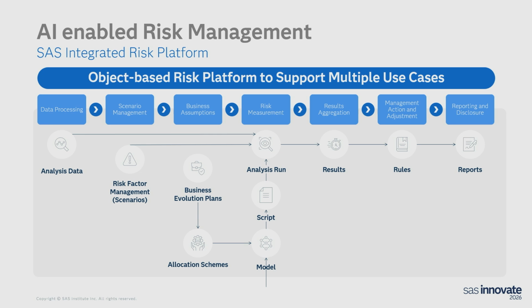What's important is we have the objects that are necessary to perform AI-enabled risk assessment as well as reverse stress testing. We're going to use this framework today to showcase how the SaaS stress testing solution can be used to do a reverse stress testing.